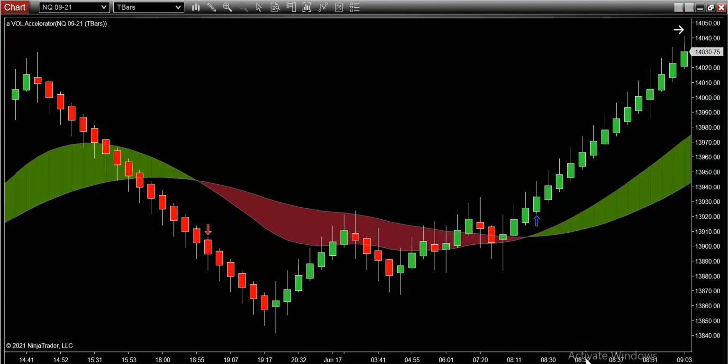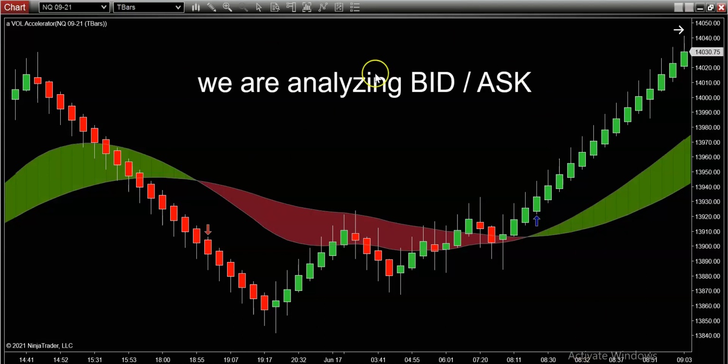Now, behind the scenes, what we're actually doing is analyzing the bid and the ask. Make sense? So, in this situation right here, where the volume turned red, in fact, the volume turned red right on this bar, because every bar has an arrow telling you the exact moment in time that the volume shifted.